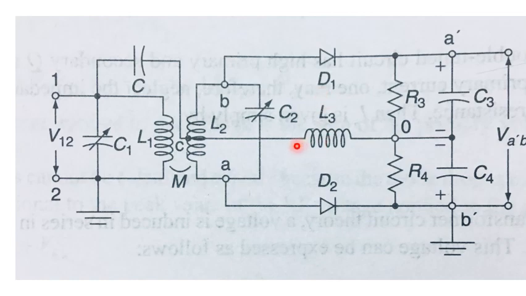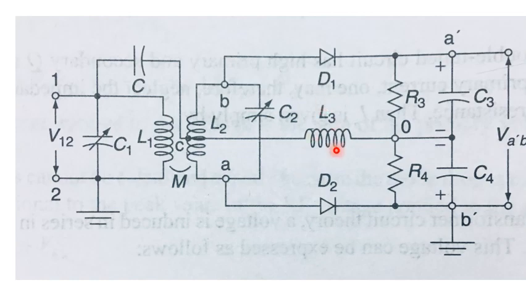Similarly, if we consider the lower circuit containing the diode D2, then the diode D2 is getting voltage V12 and minus half VAB, and the resultant of these two voltages we have shown as VBO.